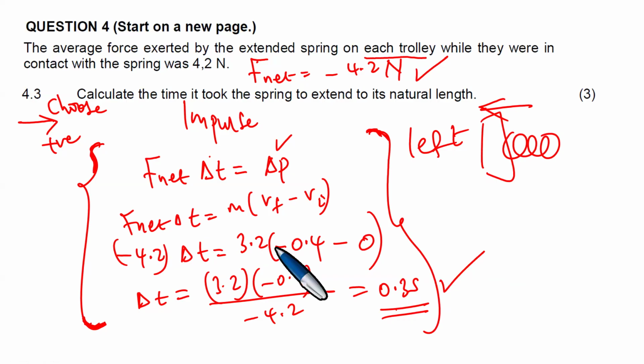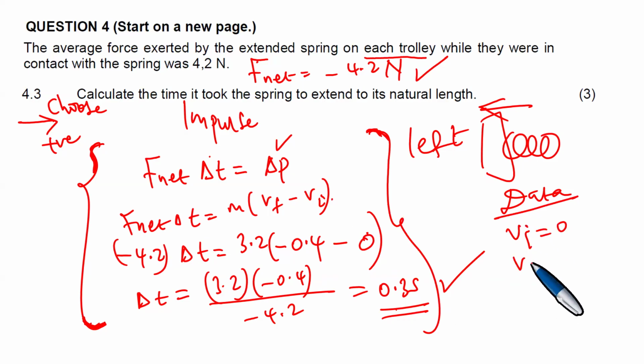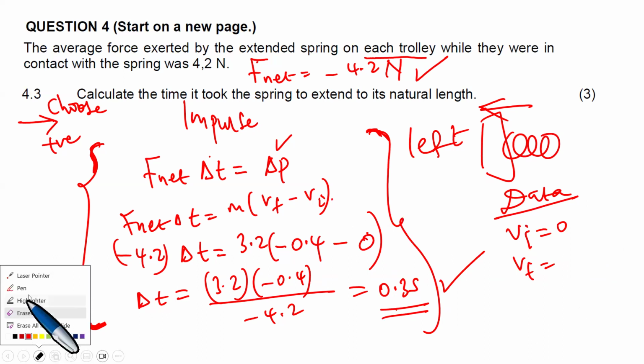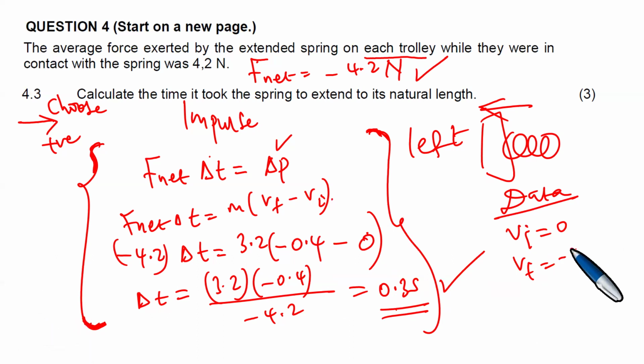The time it took, because it had an initial velocity of 0 when there was no motion. So there was an initial velocity of 0, final velocity of minus 0.4.